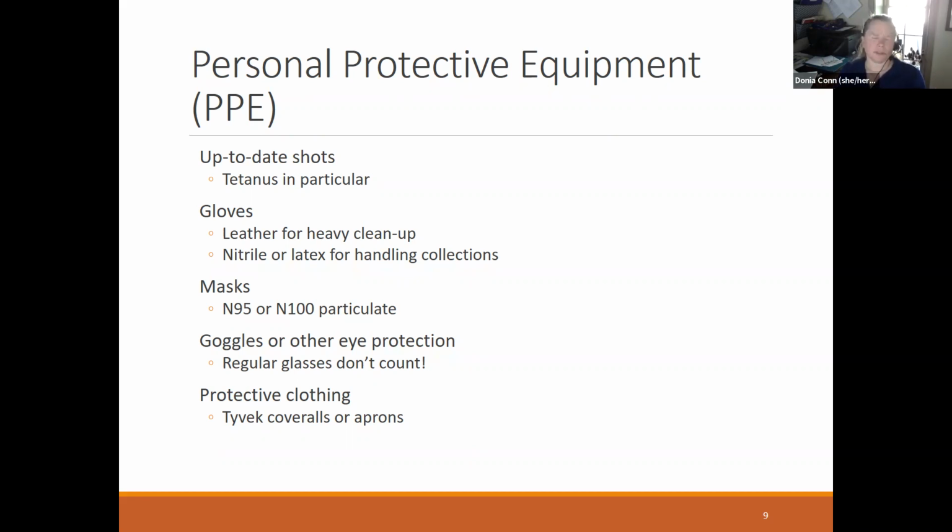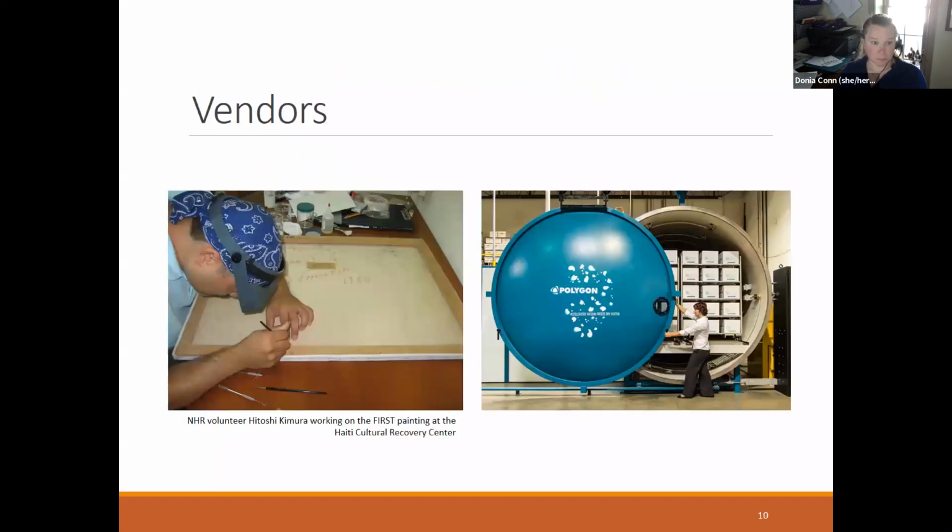You can put the Tyvek coverall on, you can go through your sooty, mucky, wet building, and the Tyvek coveralls are going to take all that dirt and soot and whatnot, and you just take the Tyvek coverall off at the end, and your clothes are still clean, and you can get in your car, and you're not bringing anything home with you. When we get to salvage, triage and salvage, we can pretty much go down to aprons, but sometimes Tyvek coveralls are needed as well, depending on what sort of job you're doing. But we will be getting to that.